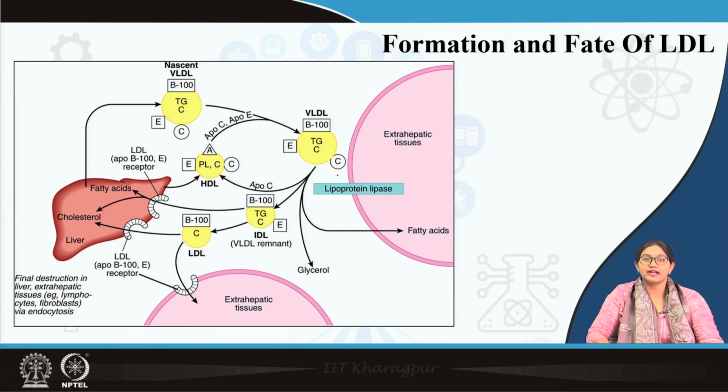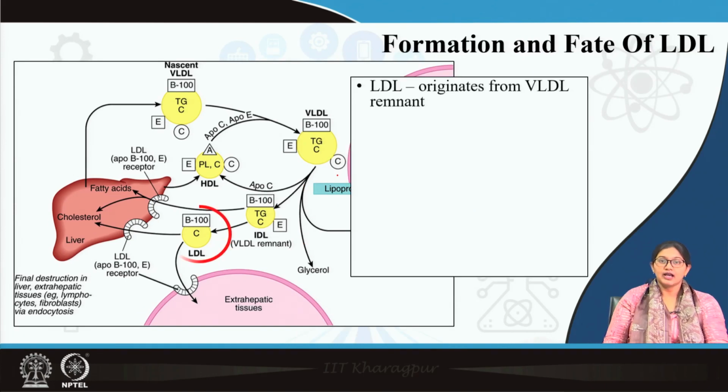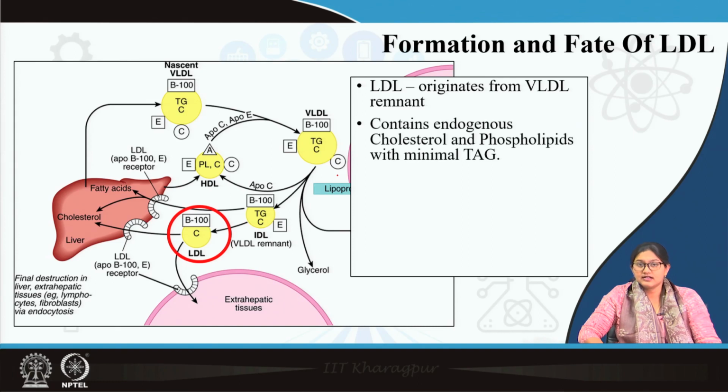So, what is low density lipoprotein? This low density lipoprotein is formed from the VLDL remnant or IDL. In this low density lipoprotein, there is endogenously synthesized cholesterol in huge amount, as well as phospholipid and a very minimal quantity of triacylglycerol.